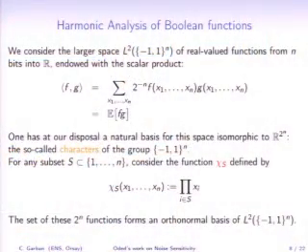And when you do Fourier analysis, you just need to find a natural and convenient orthonormal basis. Here there is a very natural and convenient one, which are the characters of this group. This orthonormal basis is indexed by the subsets S of the bits. For each subset S, the corresponding character is just the product of the values of the bits on this subset S. So this gives you 2 to the n such functions, and it's easy to see that they are orthogonal.